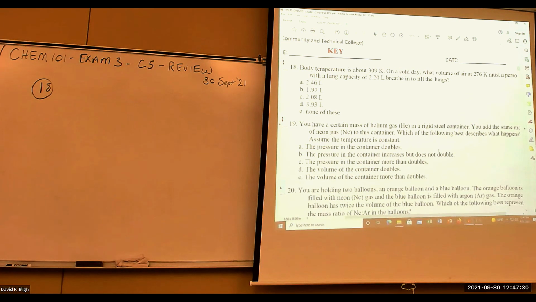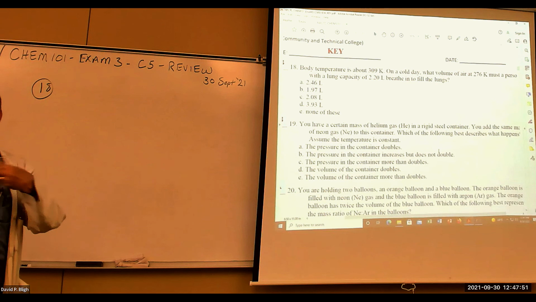The body temperature is 309 K. On a cold day, what volume of air at 276 K must a person with a lung capacity of 2.2 liters breathe in to fill the lungs? All right, we've got a temperature here and a temperature here, and a volume here, and the question is what volume? So that's a before and after.